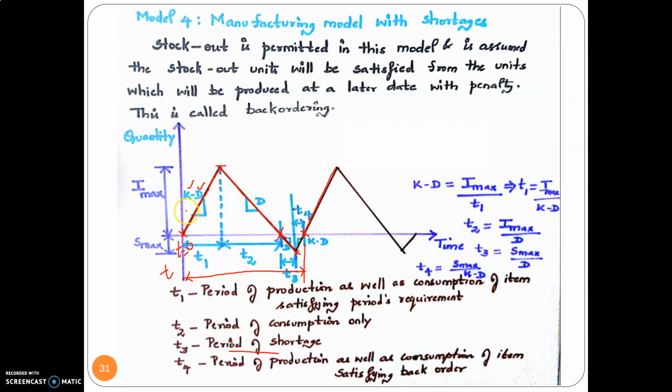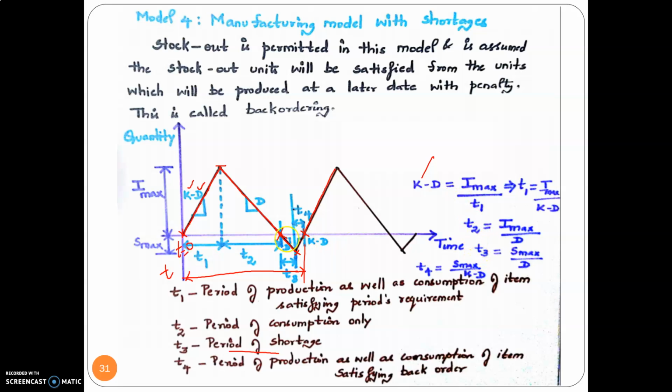If I want to know what the time periods are, I can simply find out the slope of each curve. So the slope here is K minus D, and my y-intercept is I max and x-intercept is T1. If I write the slope here, that will be D, and my y-intercept will be I max and x-intercept will be T2. So I can find T1, T2.